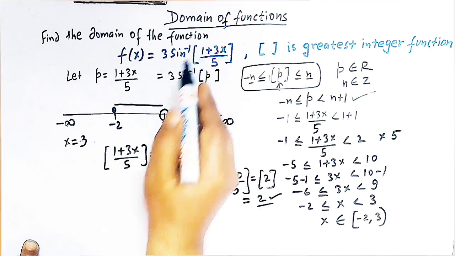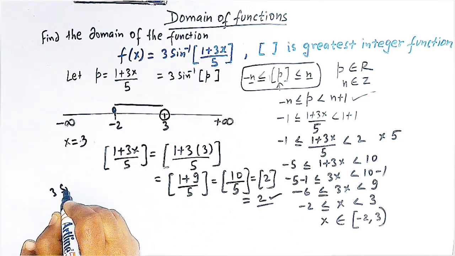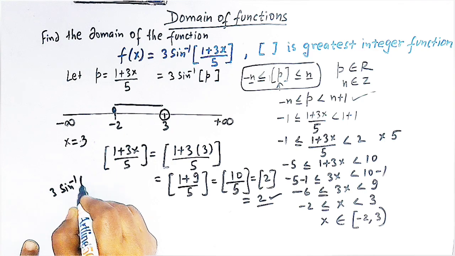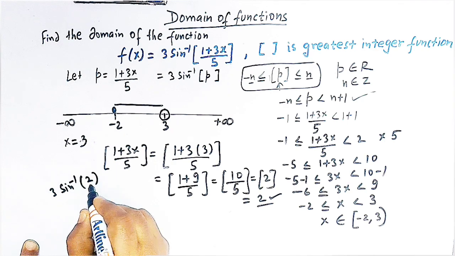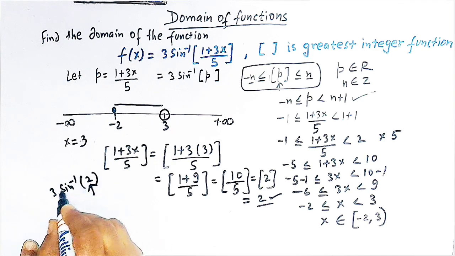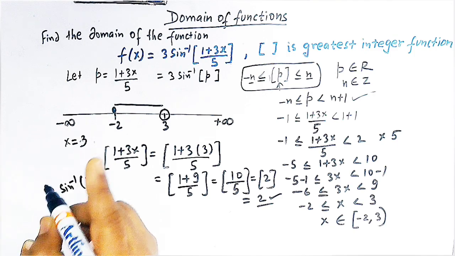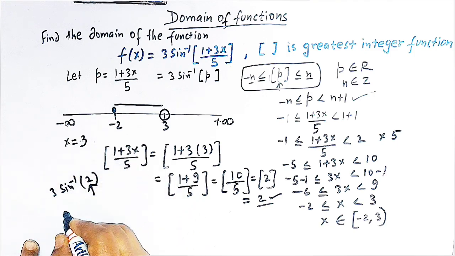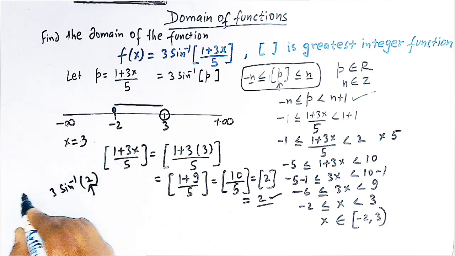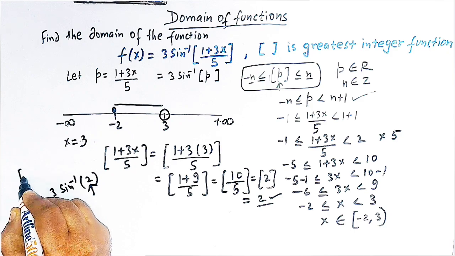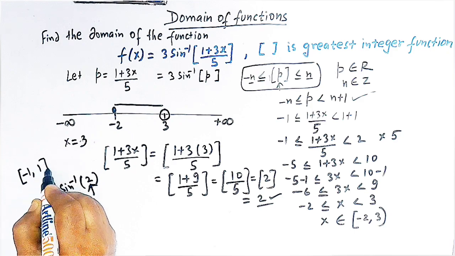So now here we can write 3 times sine inverse of 2, and this 2 is not included in the domain of sine inverse function, because the sine inverse function has the domain from minus 1 to 1.